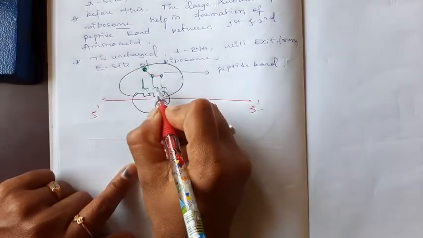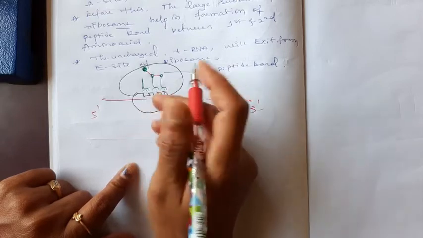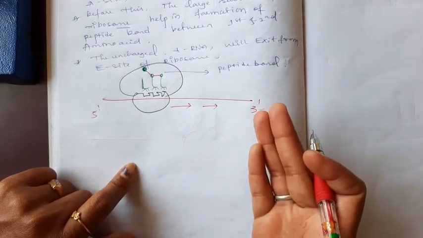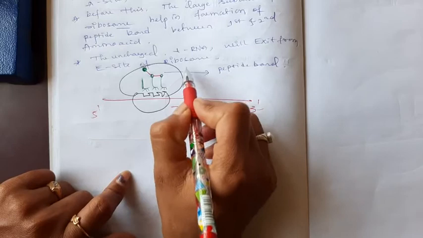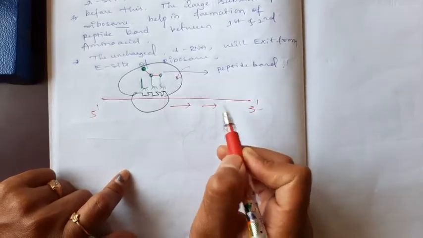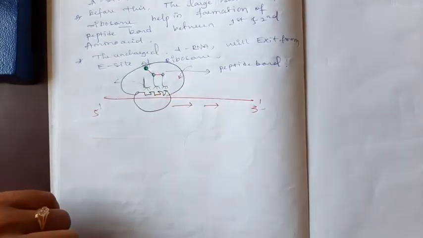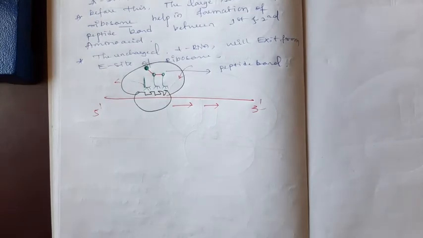Okay, then the second tRNA also becomes uncharged, meaning there is continuous entry of new tRNA and continuous exit of old tRNA in the elongation process.